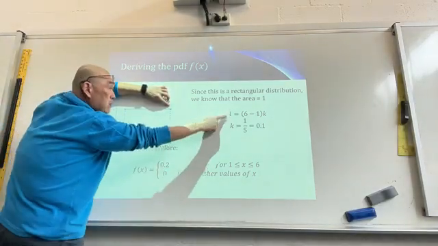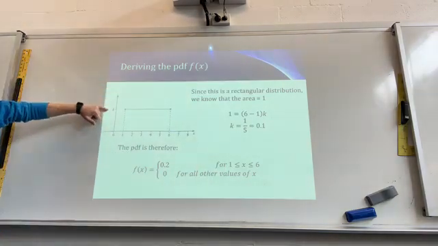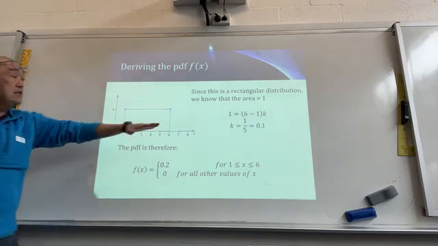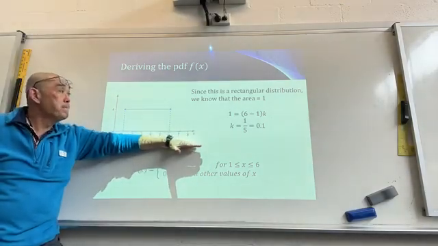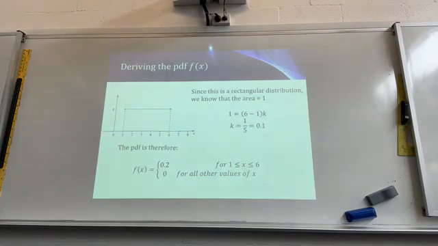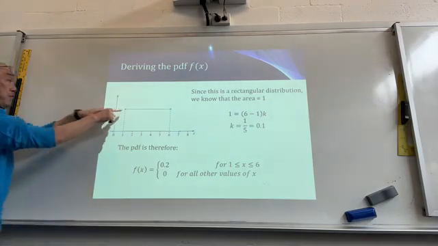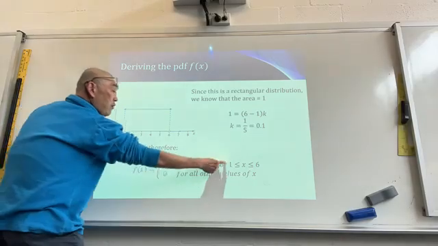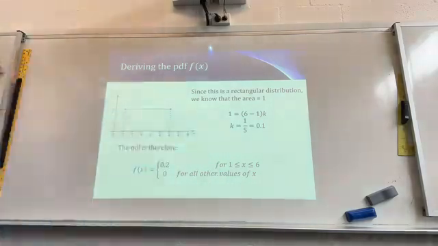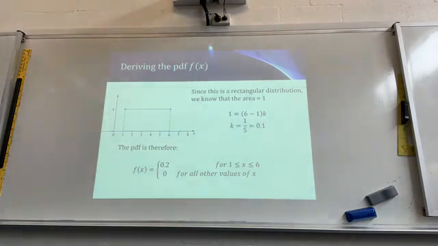Correct? So K in this case is 1 over 5, which is 0.2. This is a graphical representation, but we can write it this way. f(x) is 0.2 because K equals 0.2 for x between 1 and 6, but for all other values of x, it is 0.